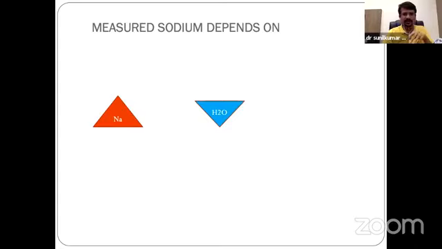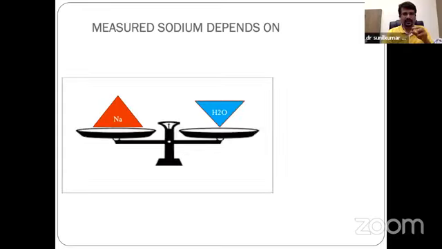So the sodium concentration is measured relative to water only. That's why the unit used for sodium is milliequivalent per liter or millimoles per liter. It is always based on the water content. So whenever the water goes down, the measured sodium will be high, and when water levels are high, the measured sodium will be low.